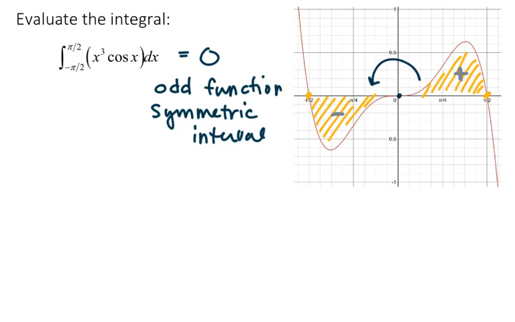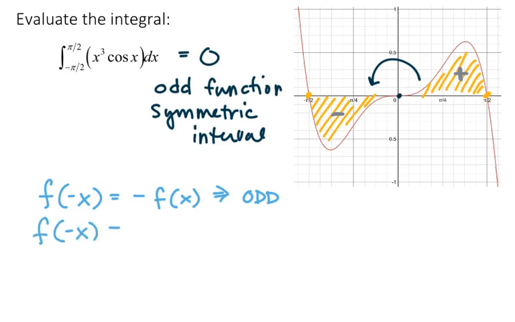Well, remember what our definition of even and odd functions is. f of negative x, if I plug negative x in and it returns the opposite function, negative f of x, then that would be representative of something which is odd. And f of negative x returning the exact same function, the negatives cancel, then that would be even.